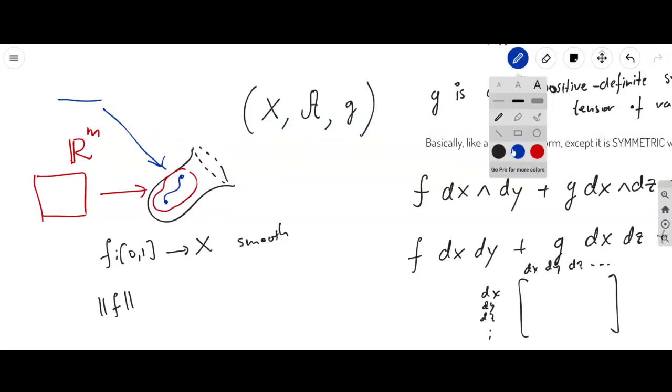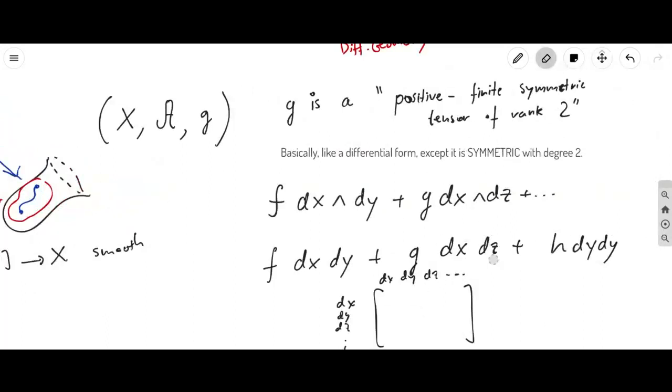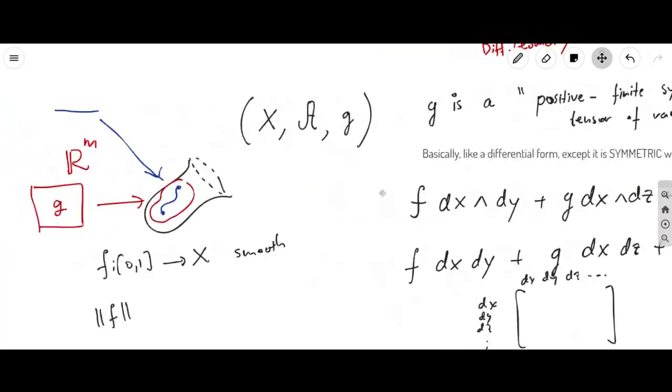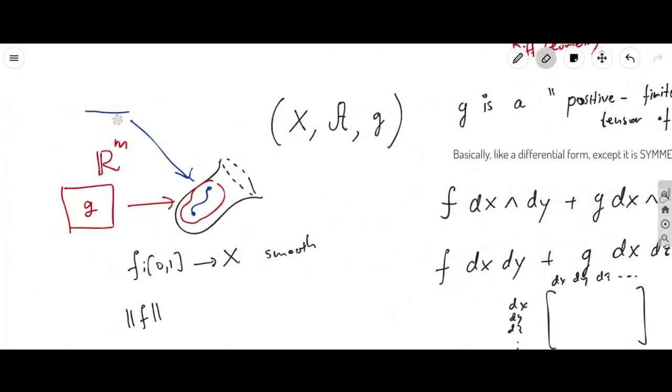Normally we have a form, but here instead of a form, we have this Riemannian metric. Now, I should say that this Riemannian metric is actually very similar to a differential form. You define it in every chart, so in every chart you have these local representations. It's just like a 2-form, except you want it to be symmetric and positive definite, and you have the coherence condition like you have before. So it's very similar to what happens with differential forms.